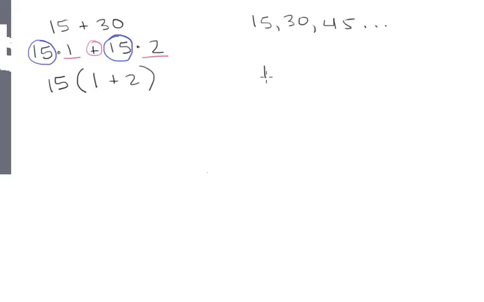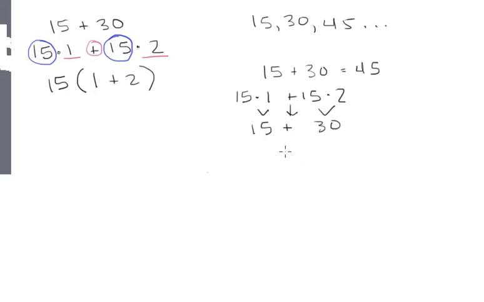So let's see if all of these are equal. 15 plus 30 is equal to 45. 15 times 1 plus 15 times 2. 15 times 1 is 15. 15 times 2 is 30. 15 plus 30 is 45. Now, let's look at this. 15 times the sum of 1 plus 2.